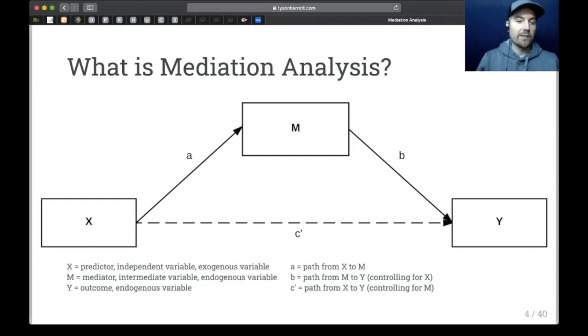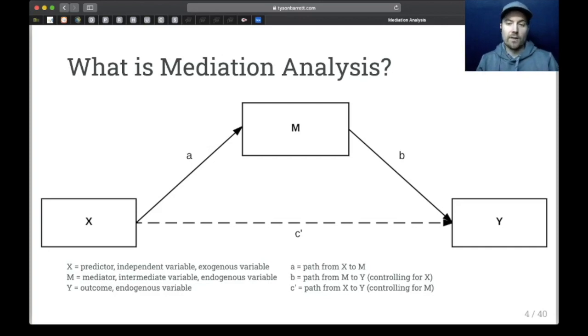So it's from outside the model. Whatever made X happen, it is not related to this model. It just, according to this model, it is just how it is. M and Y are both called endogenous variables. They are caused by something else in the model. So if you see those words, that's all they're trying to say.